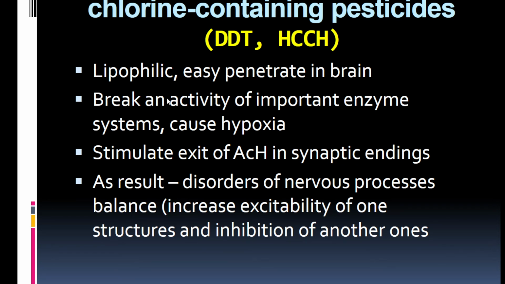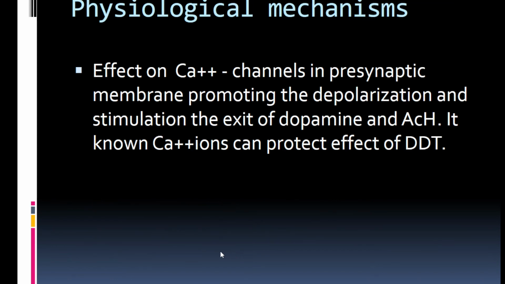As a result, there are disorders of nervous processes balance, increased excitability of some structures and inhibition of others. The physiological mechanism may be an effect on calcium channels in the presynaptic membrane, promoting depolarization and stimulating the exit of dopamine and acetylcholine. It is known that calcium ions can protect against the effect of DDT.